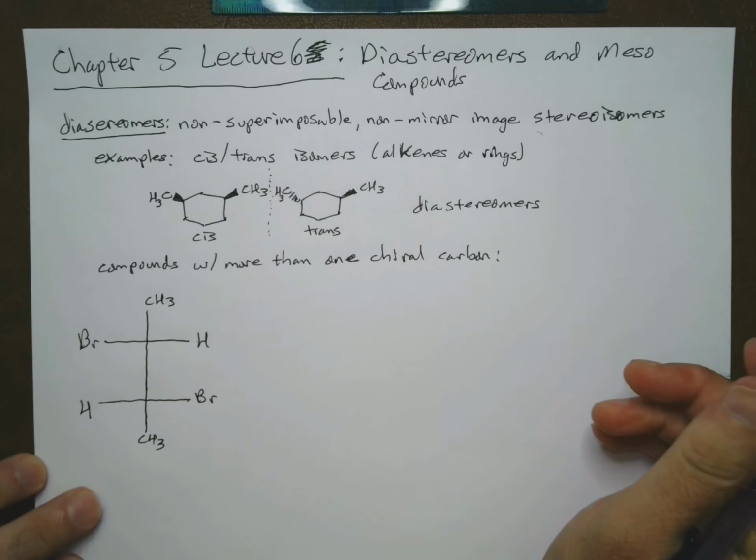So in general, N chiral carbons gives 2 to the N stereoisomers. If you start with one, you'll get the enantiomer, and then all the others will be diastereomers.